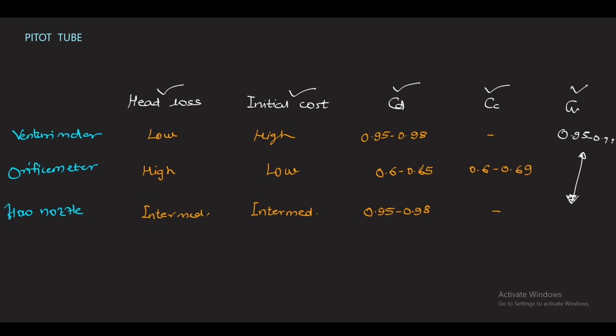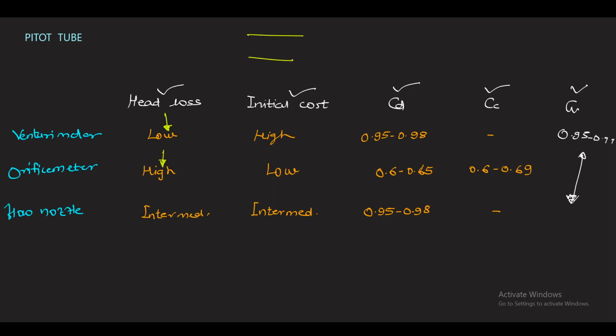Now if you look at the Venturi meter, what I have said, it consists of a convergent part, a throat, and then a divergent part. So the energy losses are much less. This is low energy loss, low head loss. Then in the case of the orifice meter, as there is no special converging or diverging part, the energy losses are much more because wakes are formed.